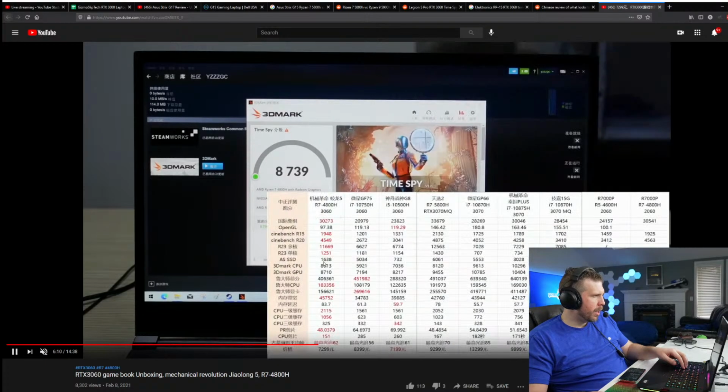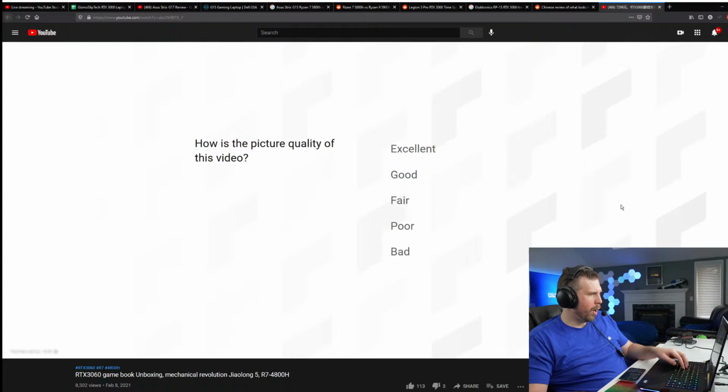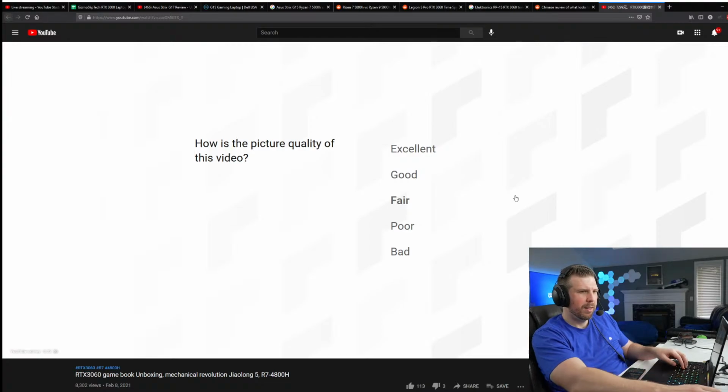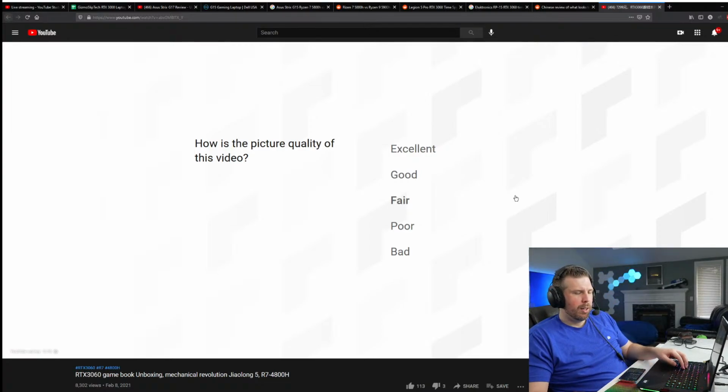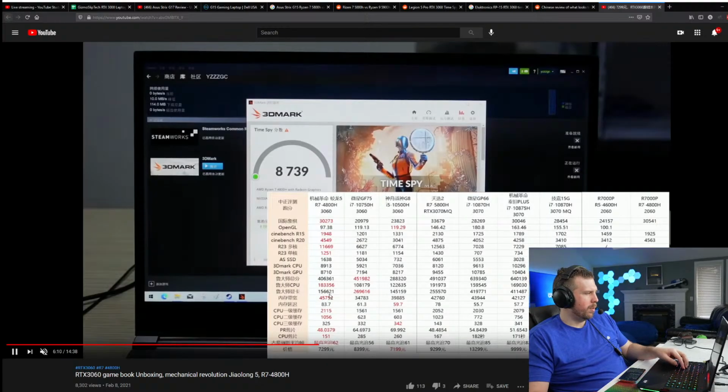Alienware M15 R4 is the best. I don't know if it's the best. It's one of the best ones.